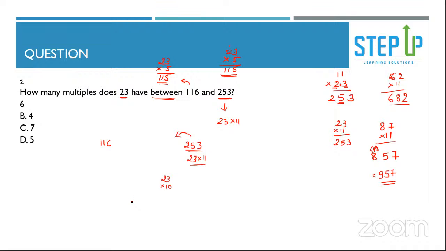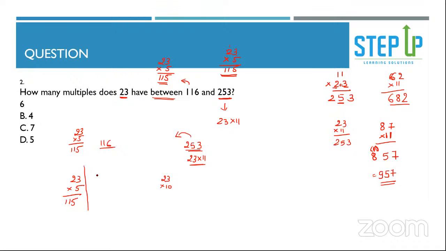Yes or no? So 115 also I cannot take, because again they are talking about between. So 23 into 5 is 115. So I'll write it here.